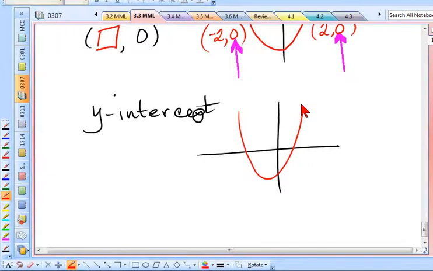Do you see a location on the red graph that you would think is the y-intercept? Okay. Do you agree it is right here? Yes. And I'm going to put some little marks here. If I put those marks on there, what would be the coordinates of the y-intercept? 0, comma, -4.